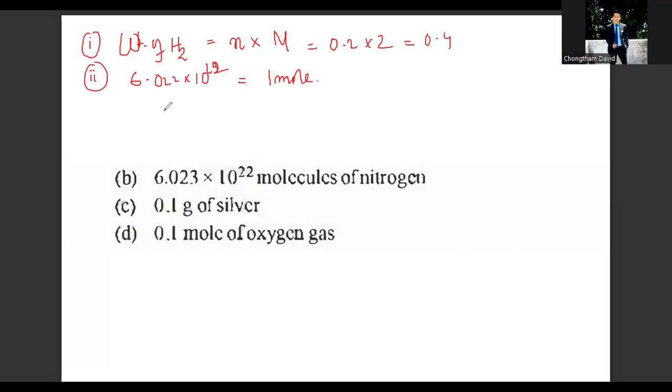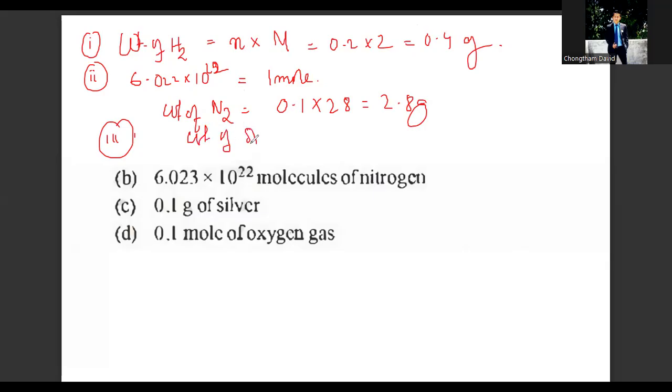So weight of nitrogen would be 0.1 into 28. This is 2.8 gram. Next, let us calculate for the third condition. Weight of silver, it is given, is equal to 0.1 gram.